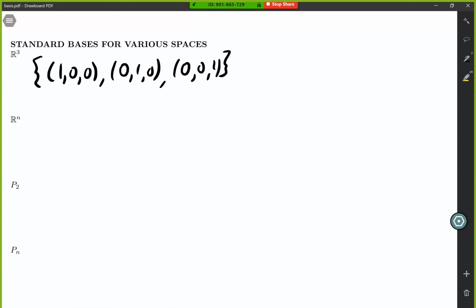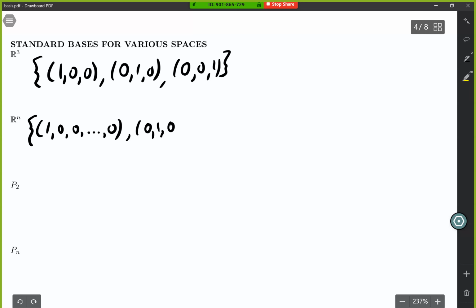And we can generalize this, right? When we think about Rn, we think about what would have to happen to have the standard basis. Again, think about it as when I plug those vectors into a matrix form, I automatically get the identity matrix. Well, that means that the first vector should have a 1 in the first component. The second one should have a 1 in the second component, and so on down the line, until the last one only has a 1 in the last component.